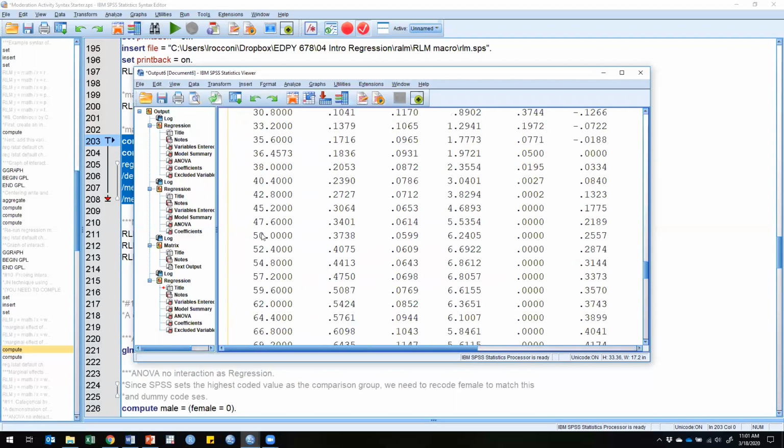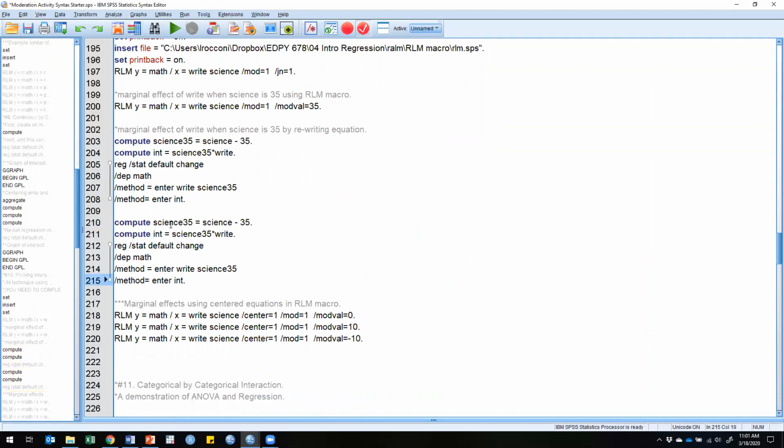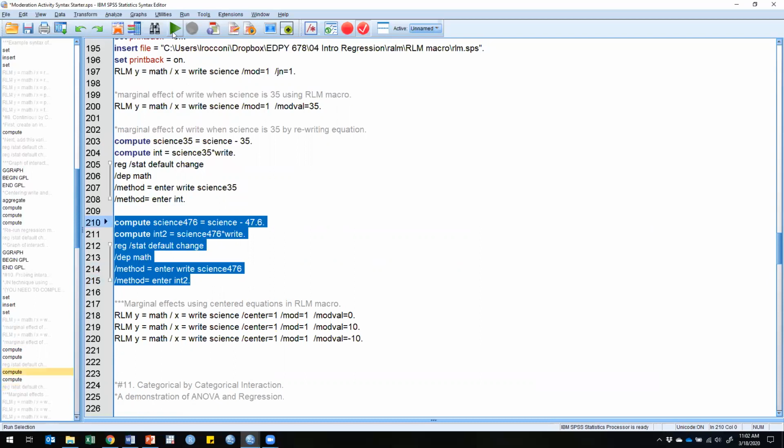Let's find one of these. Let's do 47.6. I'm going to copy this, subtract 47.6, and change that to 2.